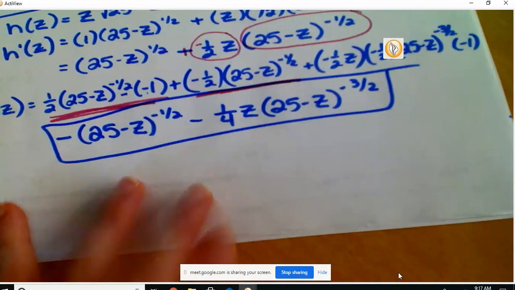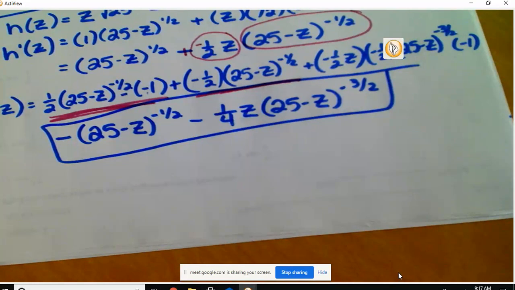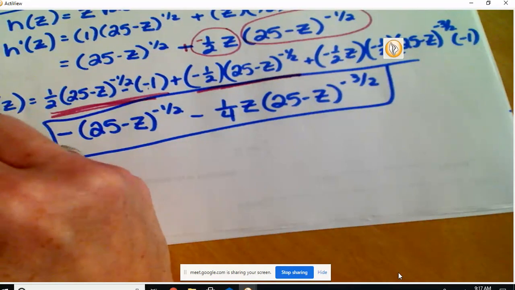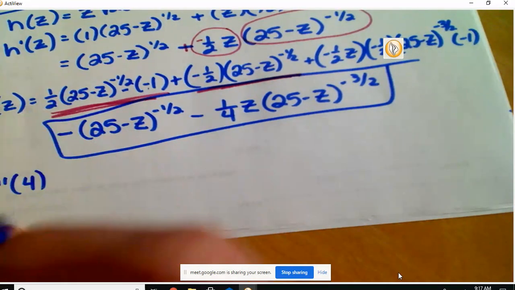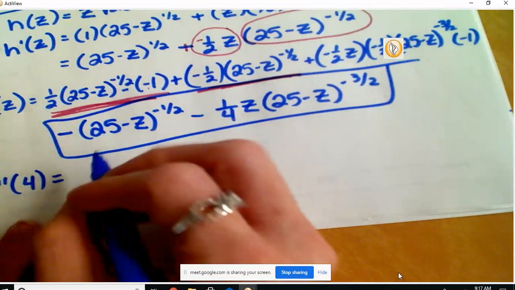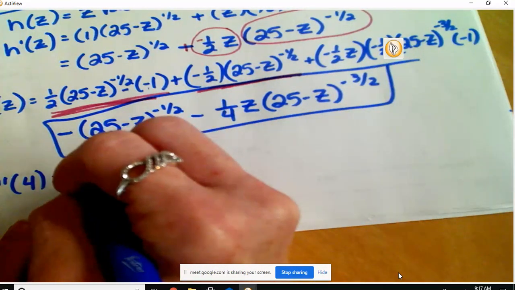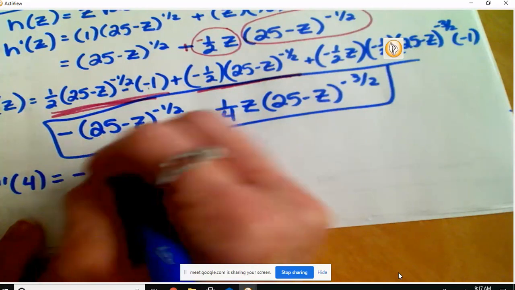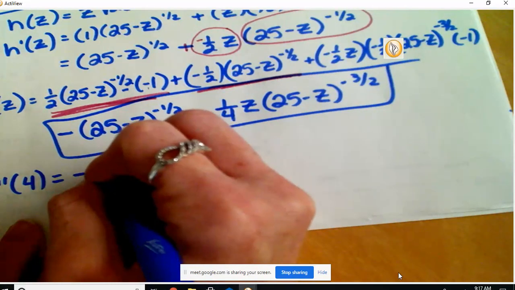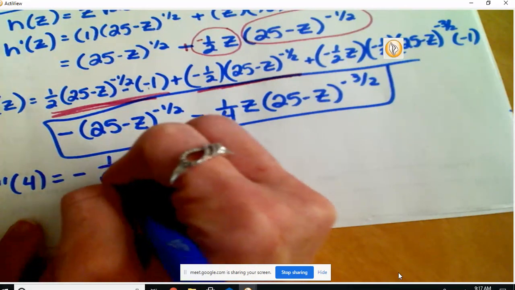Okay, so that is my actual second derivative. That's h double prime, but I need h double prime of 4. So if I plug in a 4, this gives me a negative 25 minus 4 would be 21 to the negative 1/2. So that's like 1 over the square root of 21.